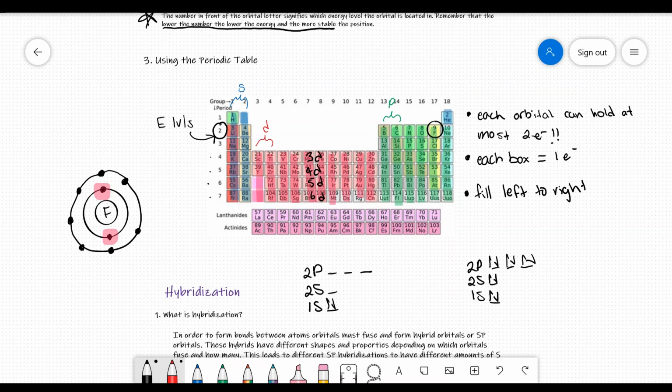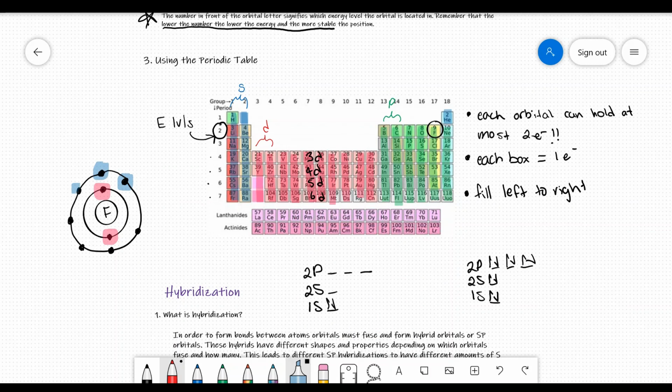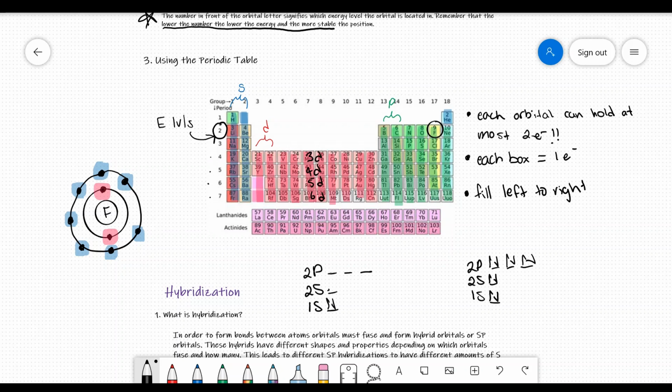Then remember the electrons in the 2s and 2p are represented by our valence electrons. So these 7 ones in the outer ring. Okay, so we're going to go ahead and fill those guys up. So we have 1, 2, 3, 4, 5, 6, 7.